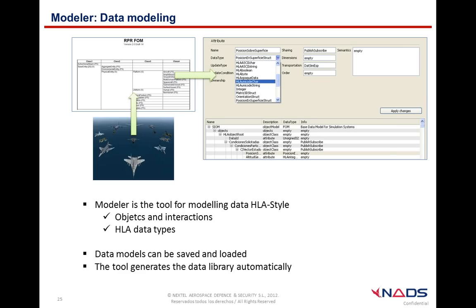But the thing here is that the data model is HLA style. You have objects, you have interactions, you have HLA data types. The models here can be saved, modified, loaded, and managed. And this tool will generate the data library automatically, so you don't have to code anything.